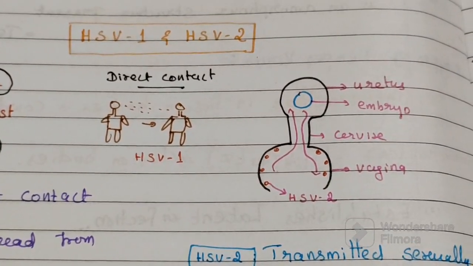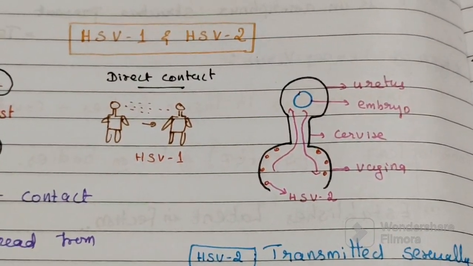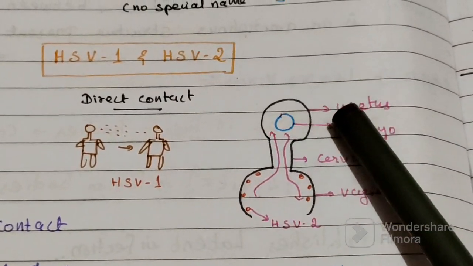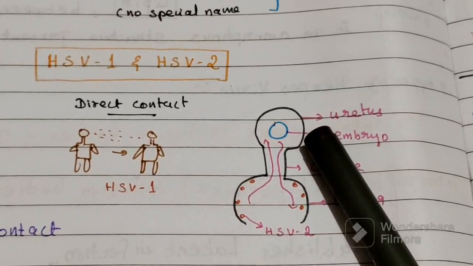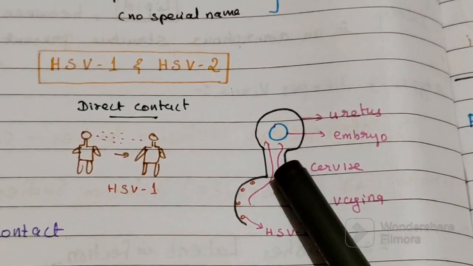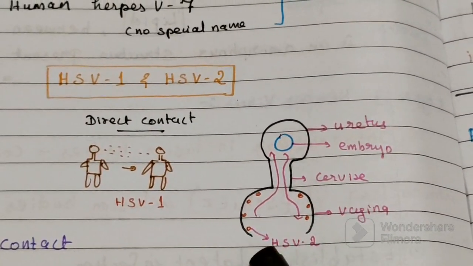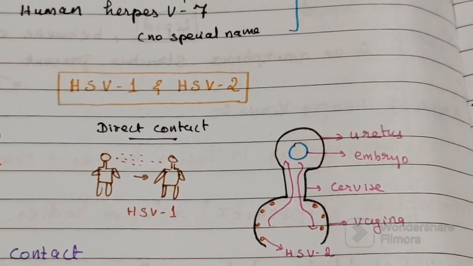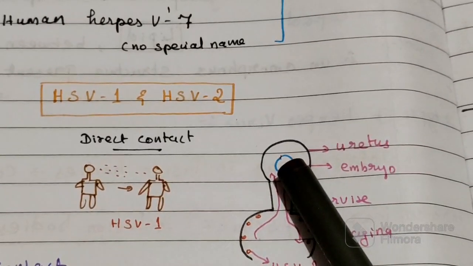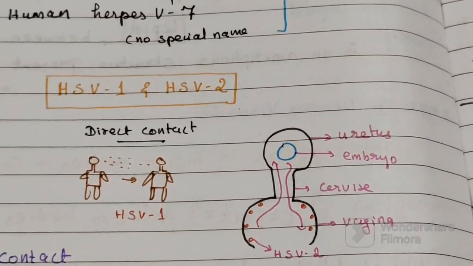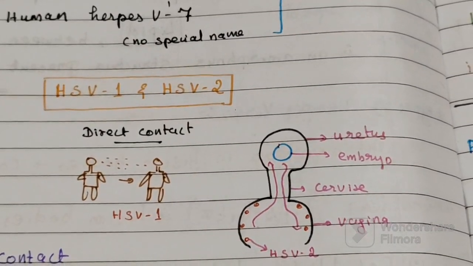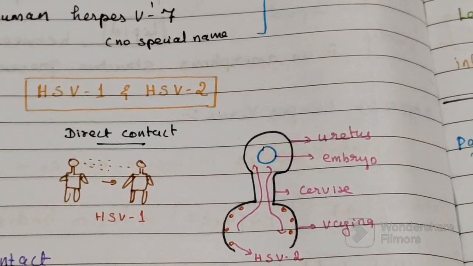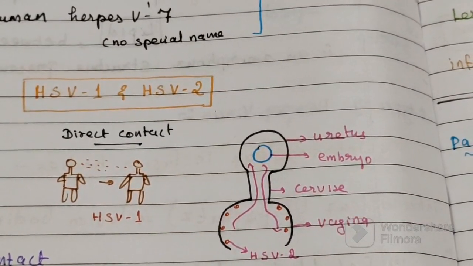How is herpes simplex virus 2 transmitted? This is the uterus of the mother, this is the cervix, and this is the vagina having HSV2 virus. Inside is the embryo. During normal vaginal delivery, HSV2 is present in the genital tract of the mother.